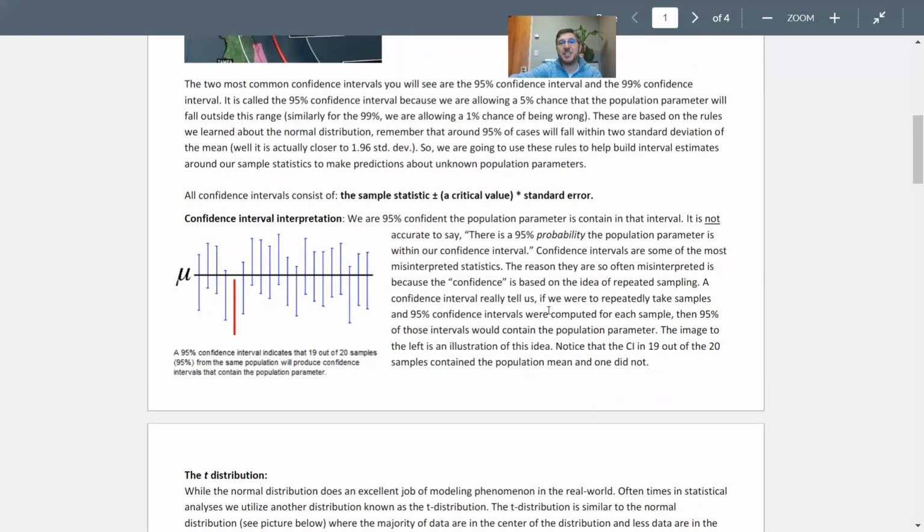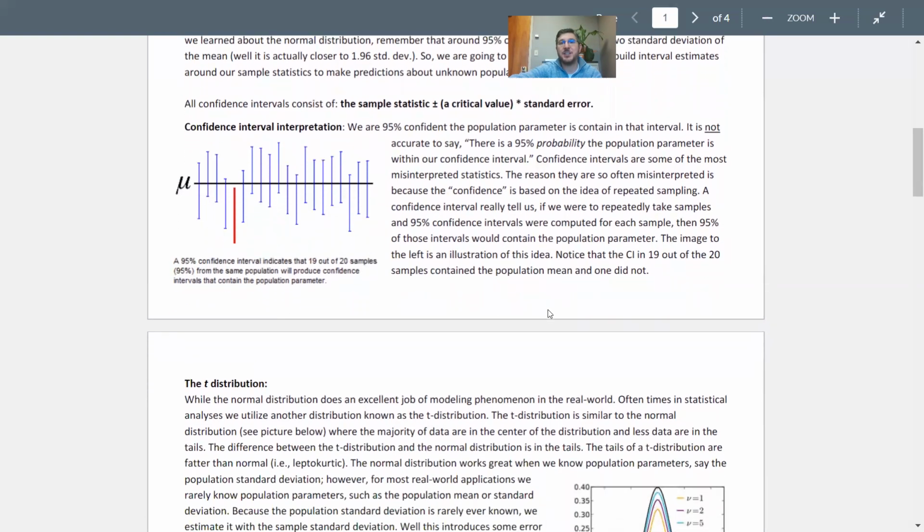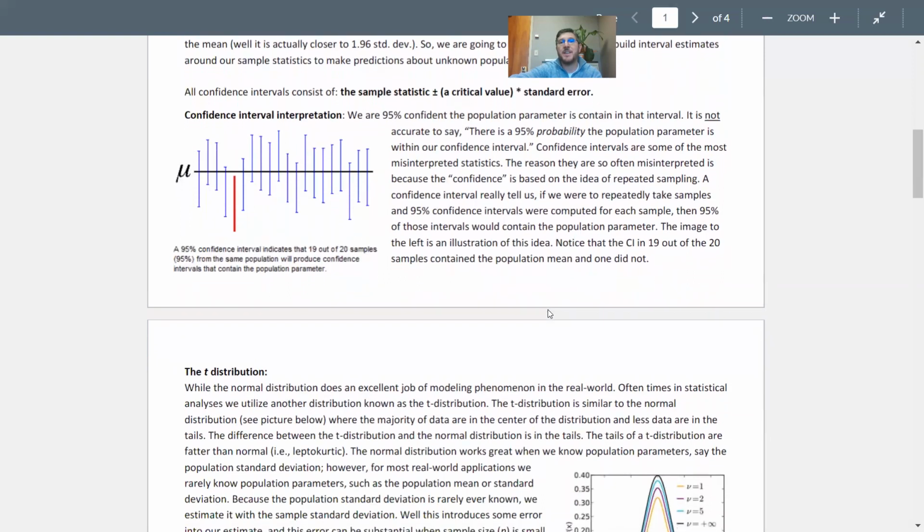One tricky thing is the interpretation of confidence intervals. The thing we're confident about in a confidence interval is the sampling procedure. It's technically not accurate to say that there's a 95% probability that the population parameter is within our confidence interval.